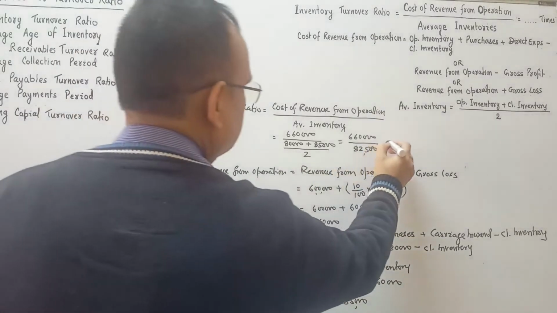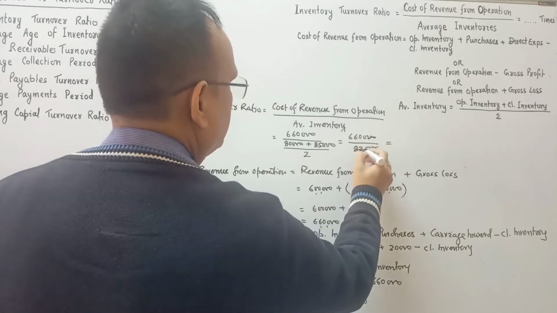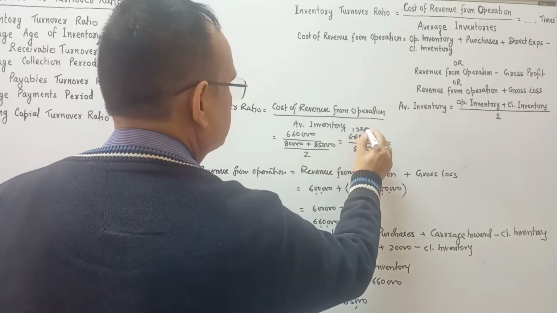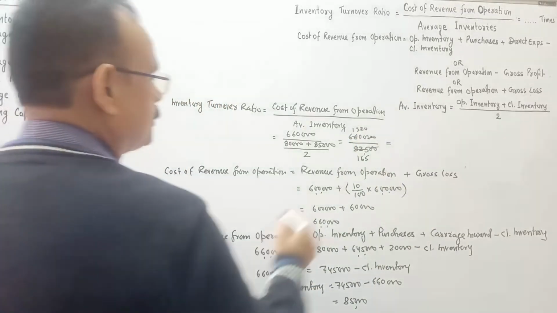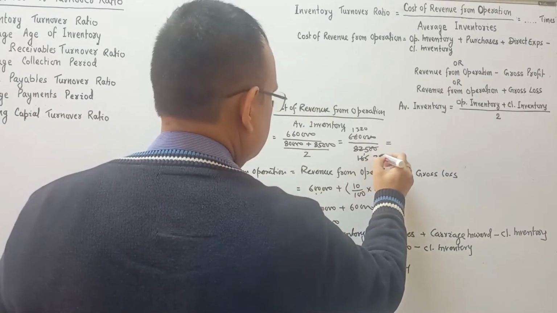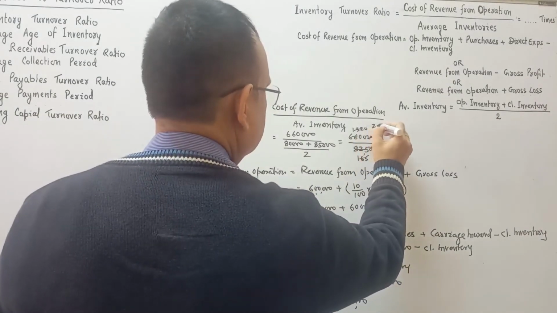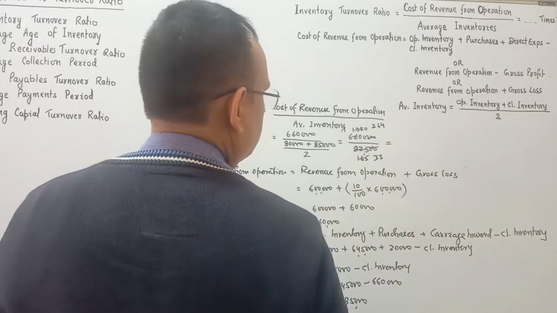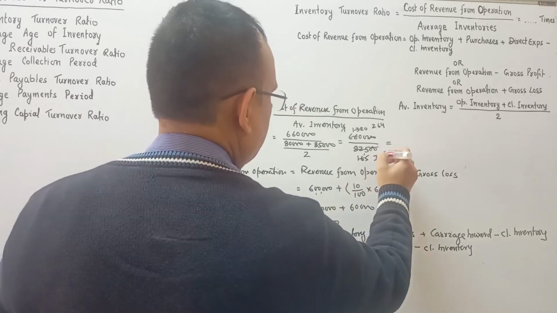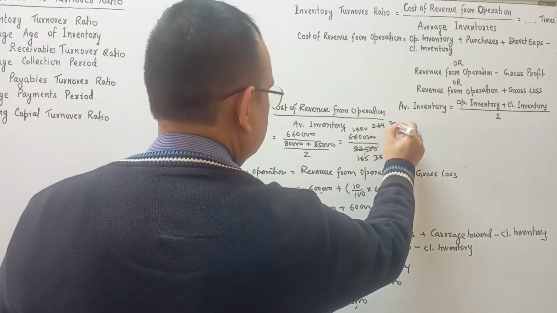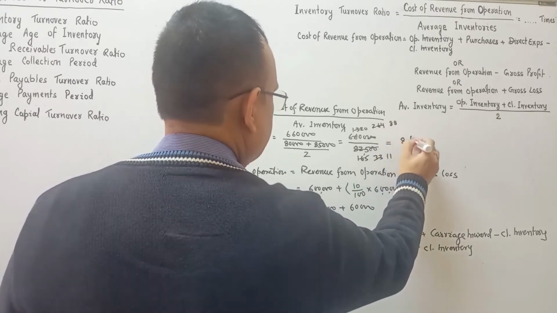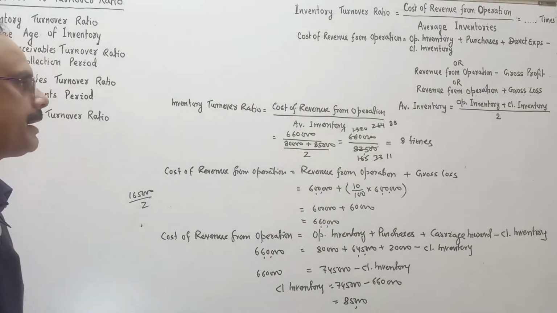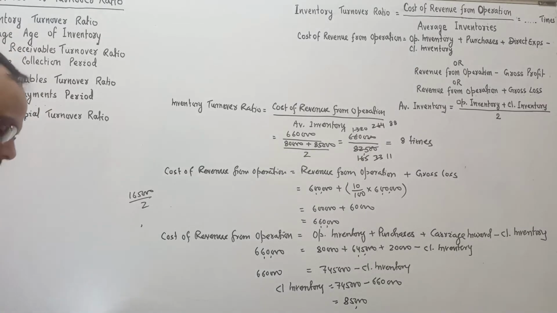Cost of revenue 6,60,000 divided by average inventory 82,500 comes to 8 times. So the inventory turnover ratio is 8 times.